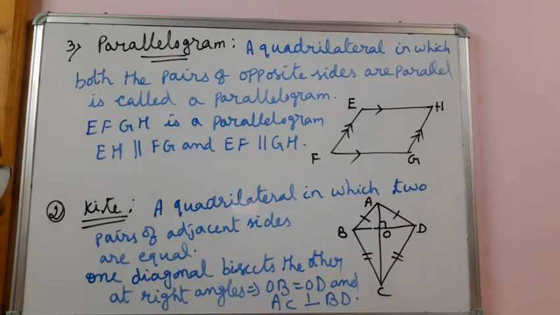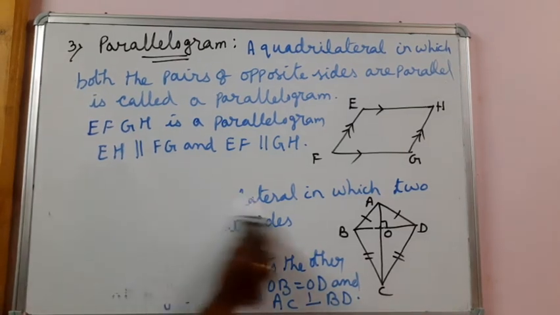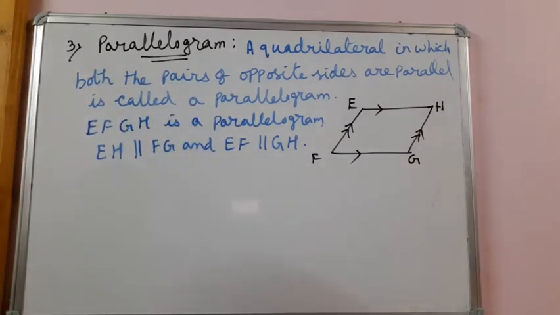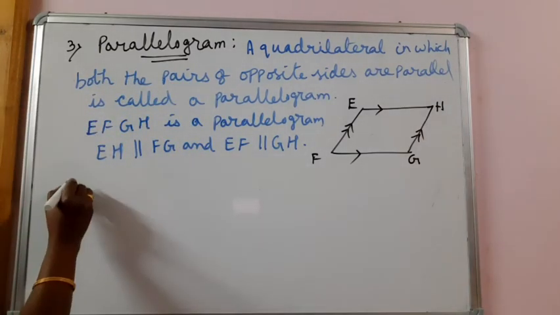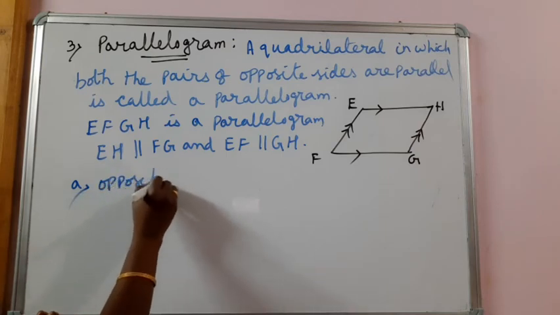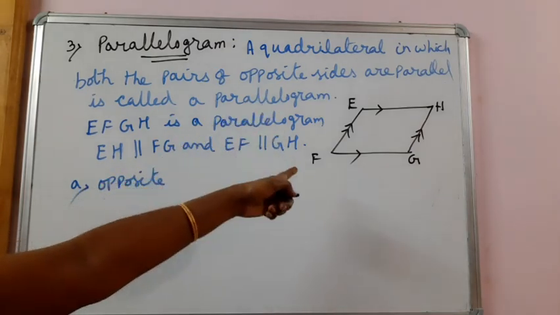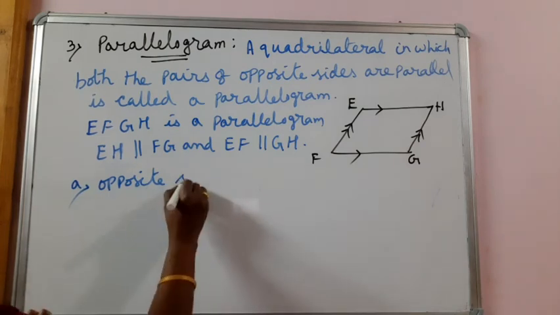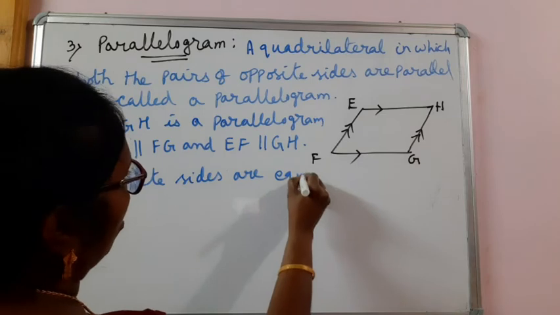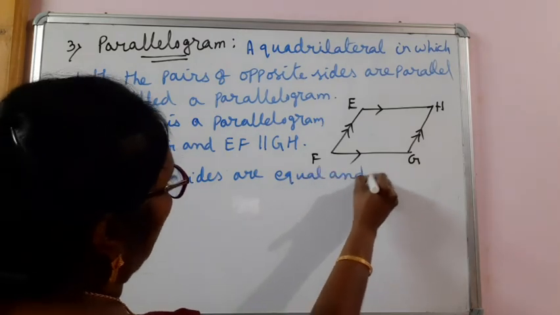Now, what are its properties? Let us have. What are the properties of a parallelogram? Okay. In a parallelogram, opposite sides, already parallel given, are not only parallel, they are equal also. Opposite sides are equal and parallel.